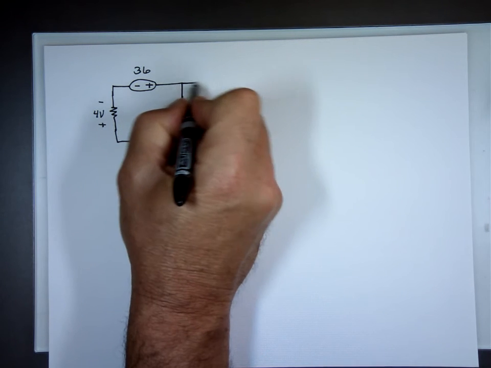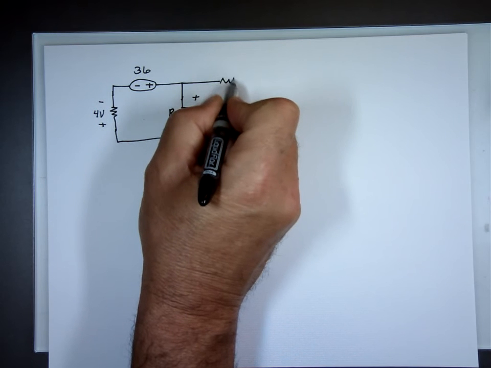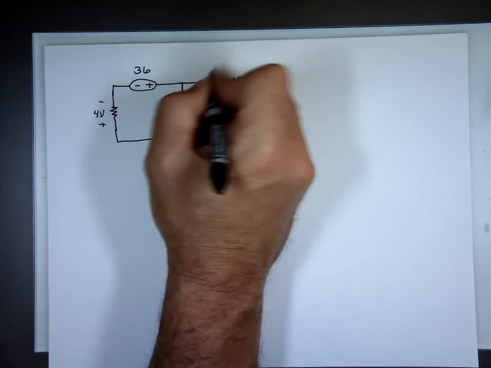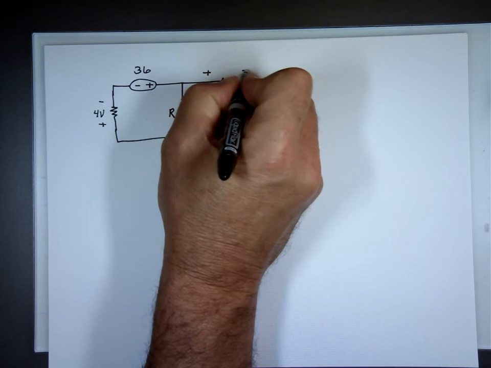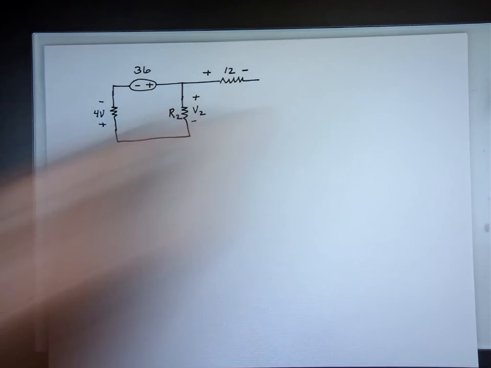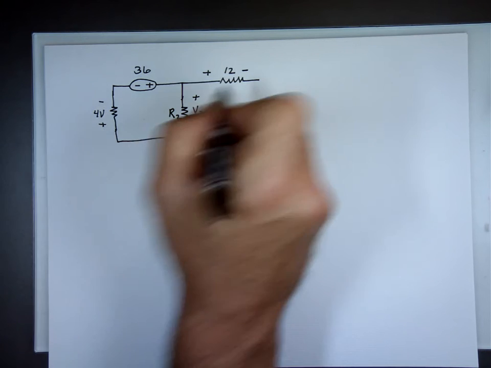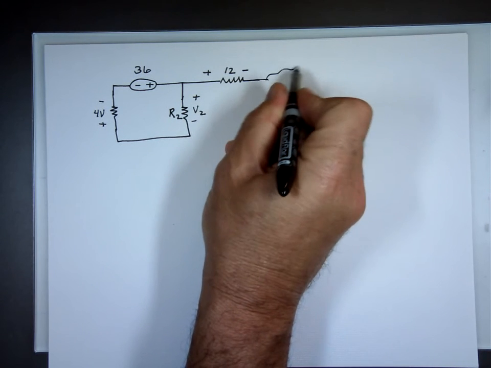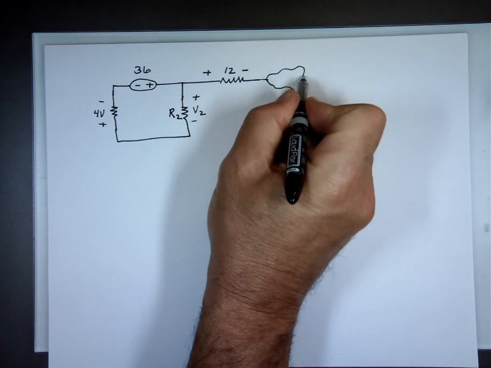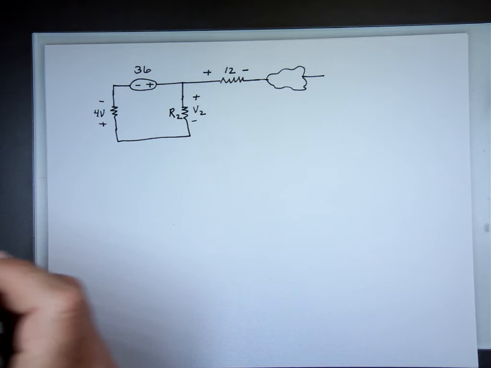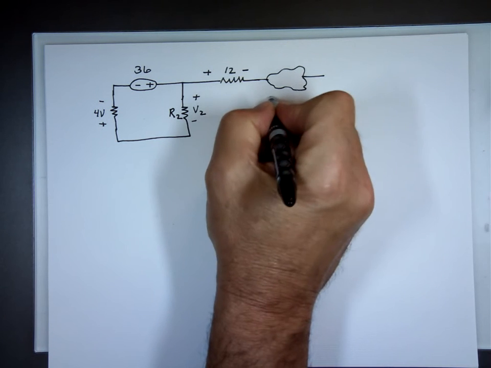We have another resistor here. And I know the voltage across that resistor is plus to minus 12 volts. I have some elements. I have no idea what's here. Some element. All I know, the voltage across that element is plus to minus 14 volts.